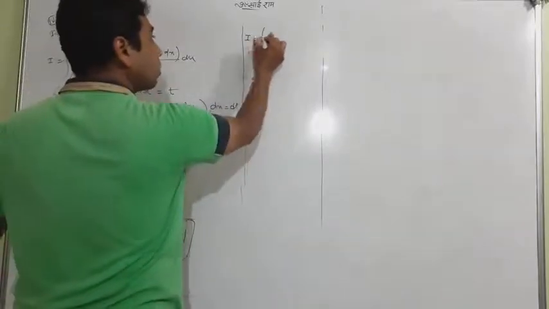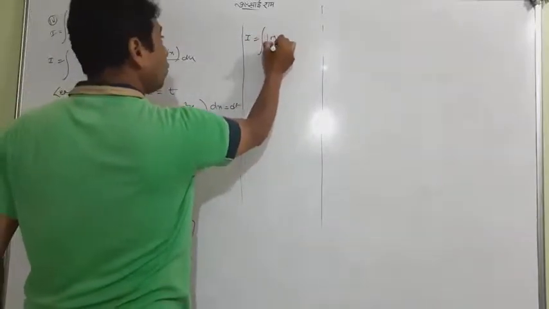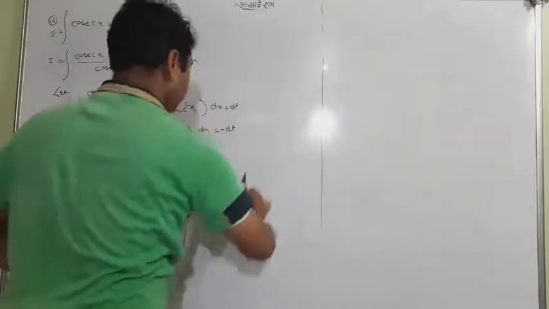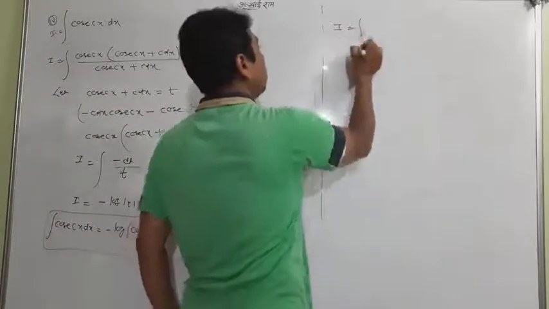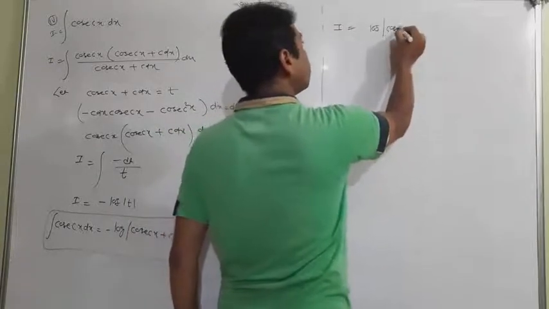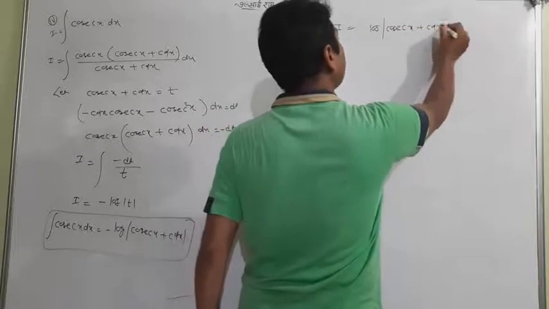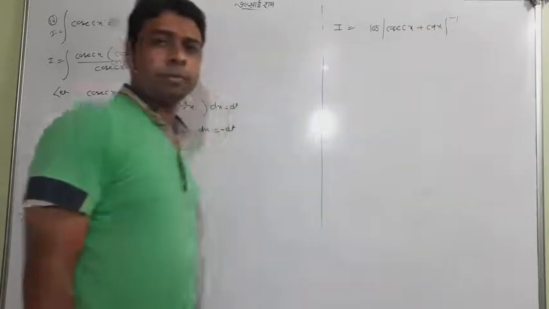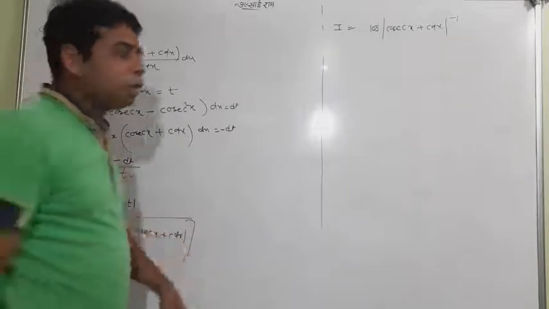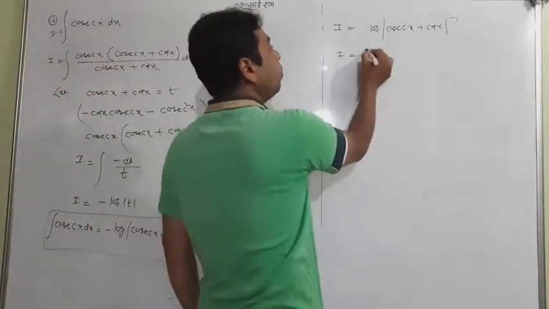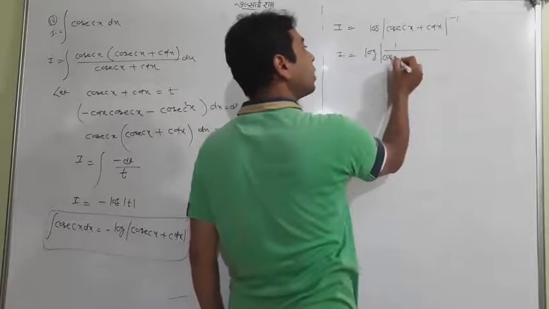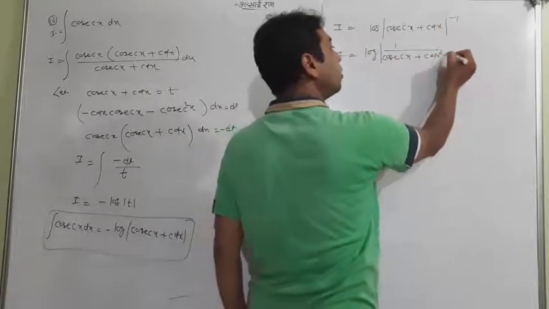So your answer is going to be log of cosec x plus cot x to the power minus 1, because m log n equals log m to the power n. So after that, since it is a minus 1, I want to turn that cosec x plus cot x over.